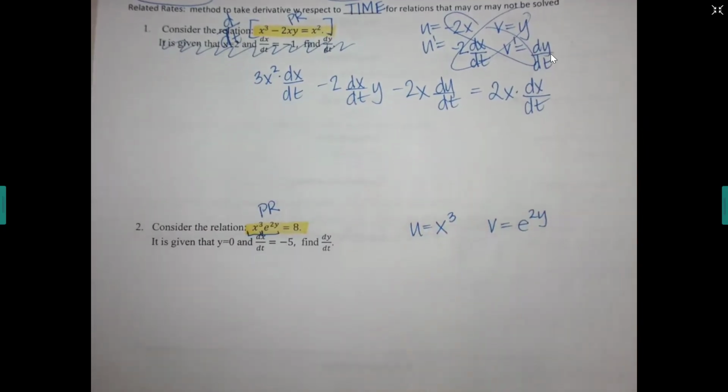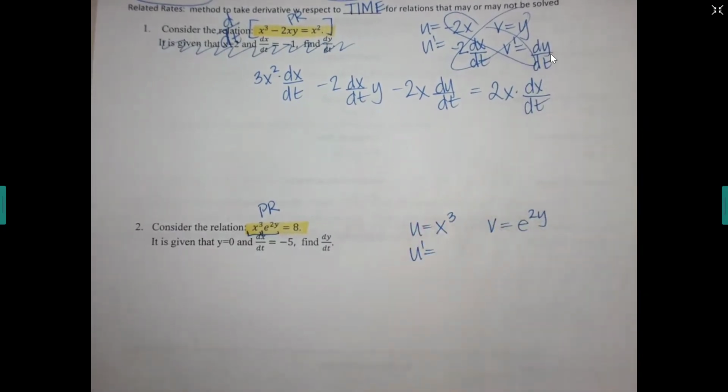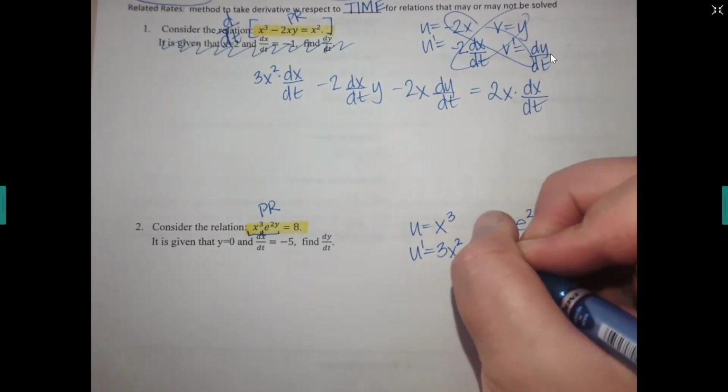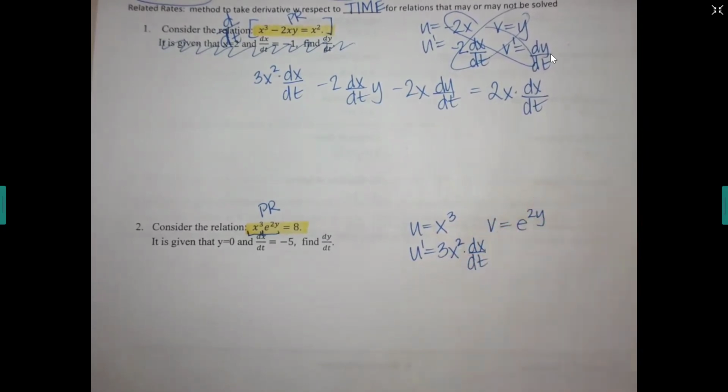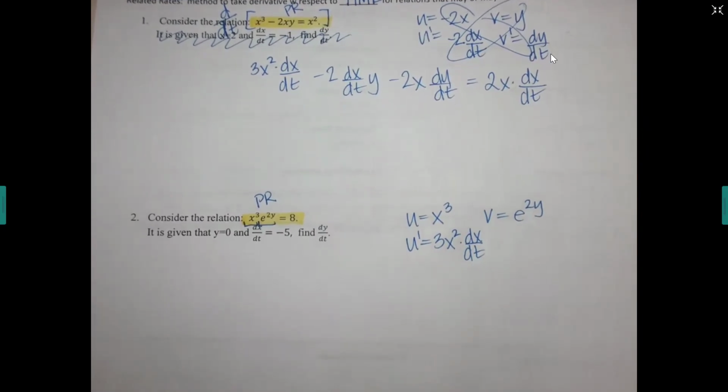And then we're going to take the derivative of both of those pieces. So an x cubed derivative would go to 3x squared. But then remember, no more free passes for the x's. We're going to have to attach a dx/dt because we're taking the derivative with respect to time, not the derivative with respect to x.